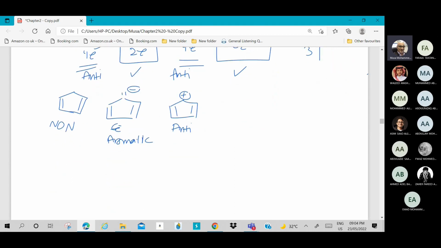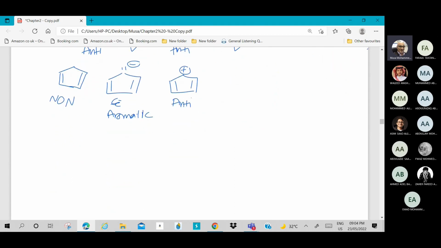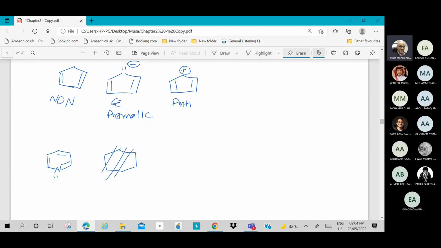Now you know some of the things that are commonly encountered in this chapter, that when you see nitrogen, lone pair, and a 5-membered ring. We have lone pair and we have lone pair.